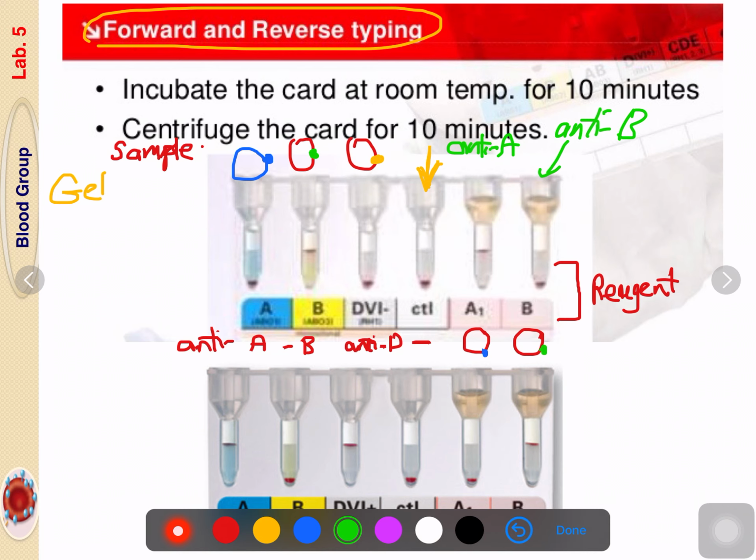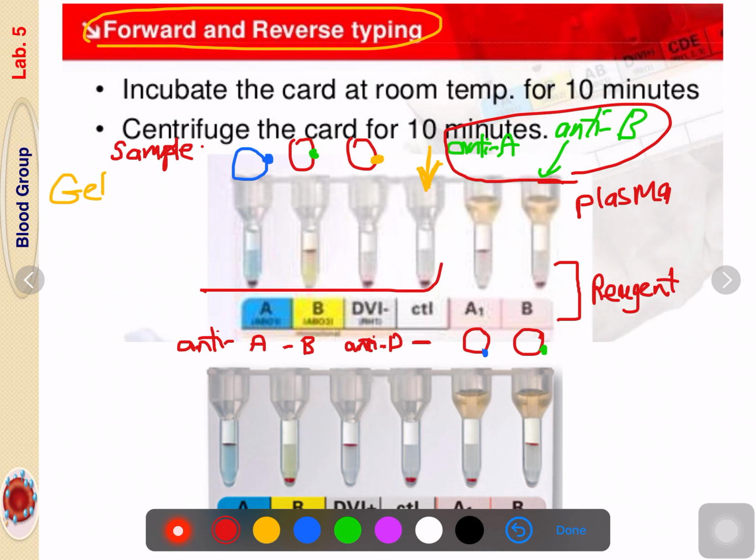In order to detect anti-A and anti-B, you have to add plasma to these 2 test tubes. And in order to detect antigens on the surface of the red blood cell with the control, you have to add red blood cell suspension of the patient.